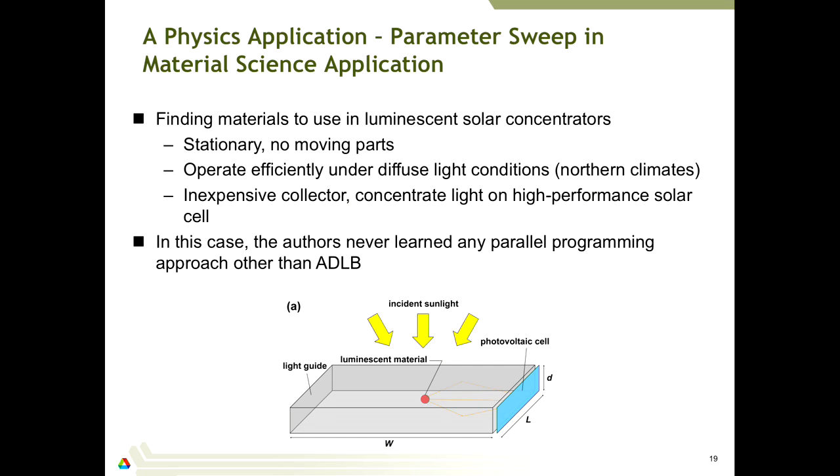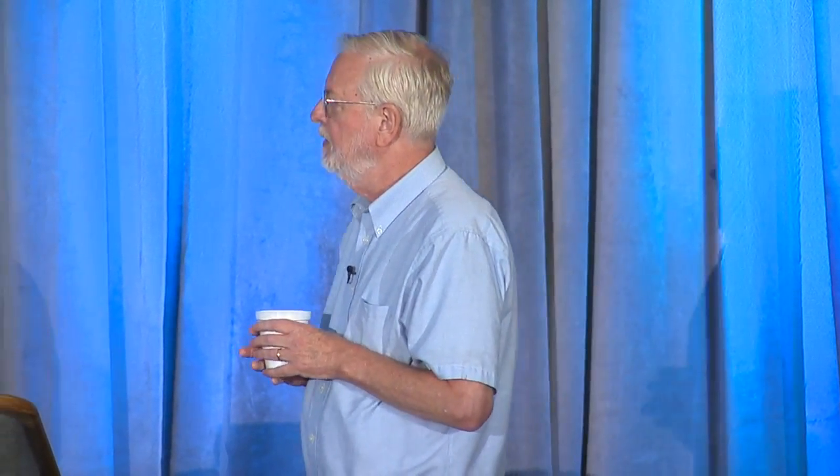What was kind of interesting is that they had a sequential program that looped through lots of different configurations, and the different configurations took different amounts of time to compute. But they parallelized it by using ADLB, and they never learned any other parallelism system at all. They didn't learn MPI or OpenMP. They just used the very small number of functions in ADLB, and it made a big difference to them.